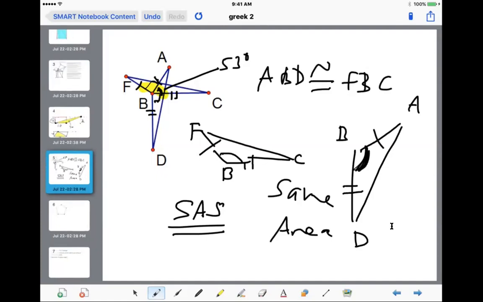Okay, the next concept I want to show you. I mentioned that Euclid's Elements begins, Book 1, Proposition 1, was to construct an equilateral triangle. And later on in Book 1, they show how you could use perpendicular bisectors.